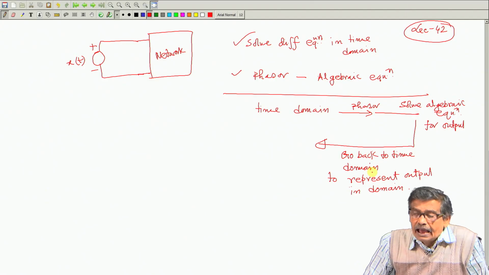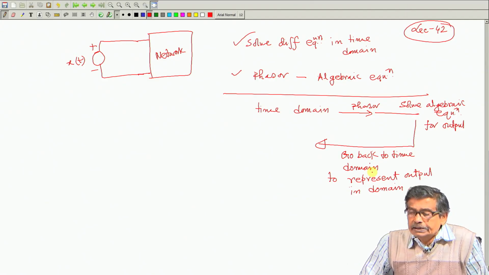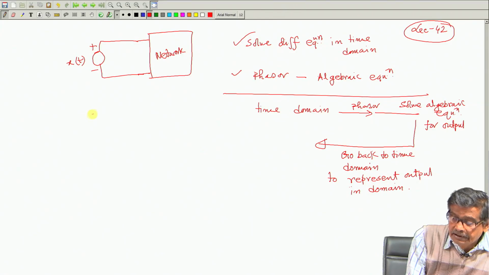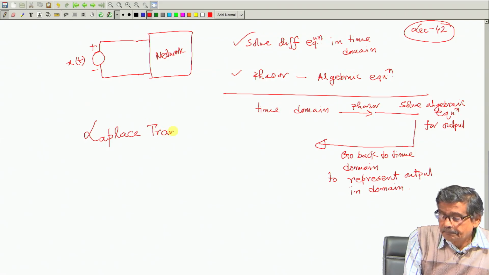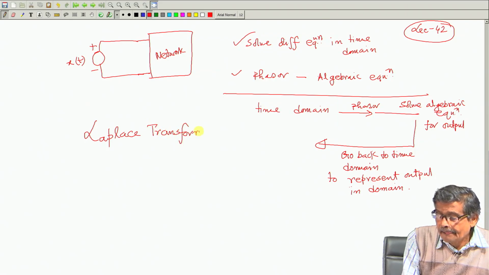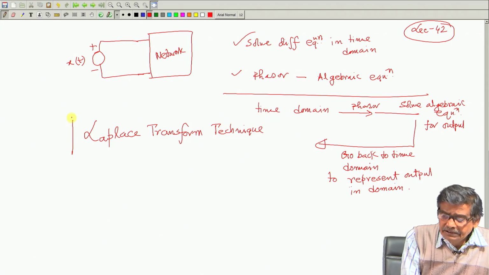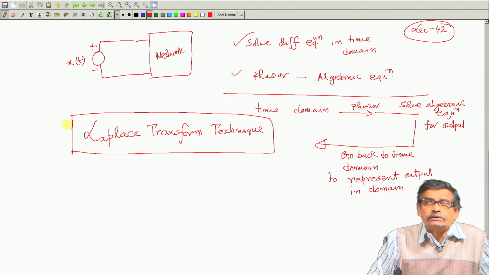Now, there is another method whereby a network can be solved by what is called the Laplace transform technique. It is one of the most powerful methods of solving network problems.